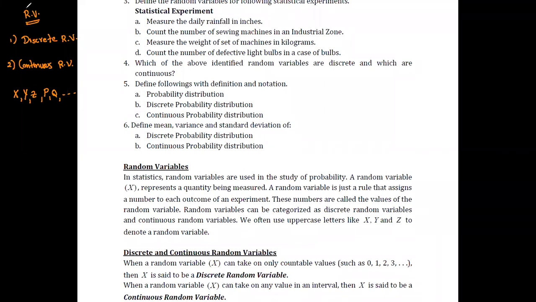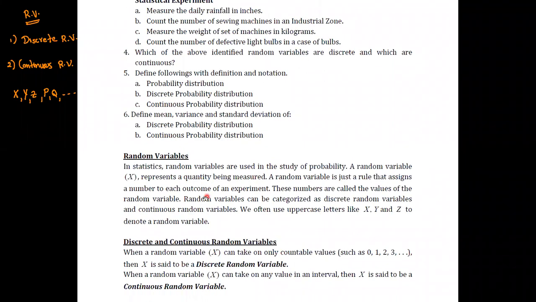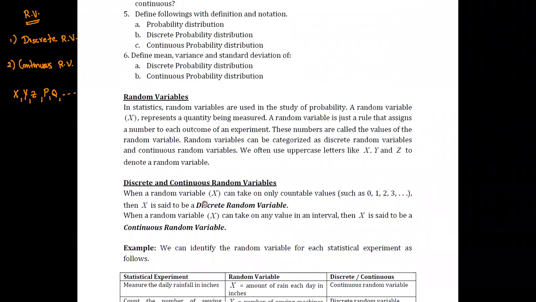Now, I have mentioned that random variables can be categorized into two categories: discrete random variable and continuous random variable. Now, we will look at these two separately, what is meant by a discrete random variable and what is meant by a continuous random variable.